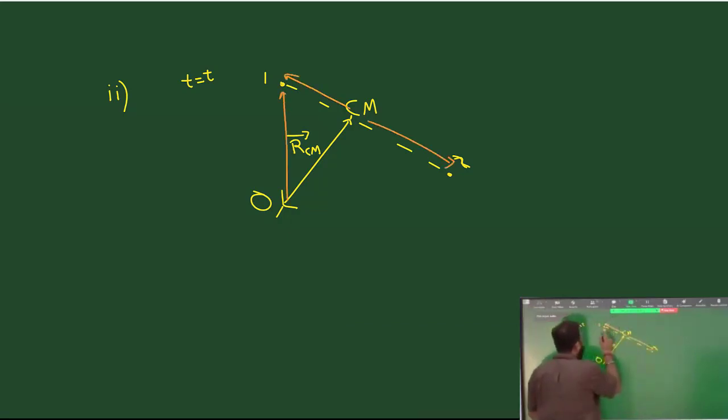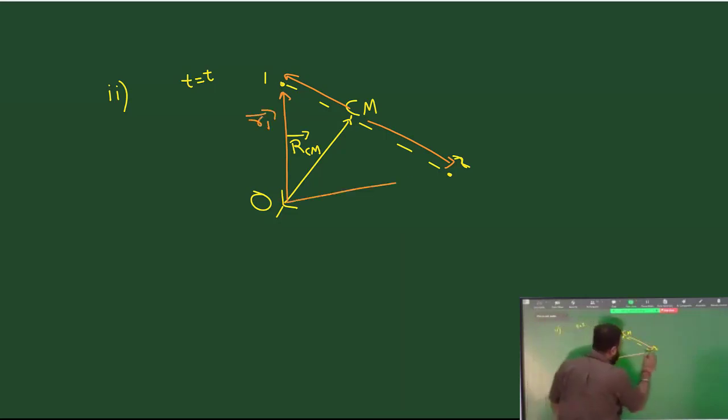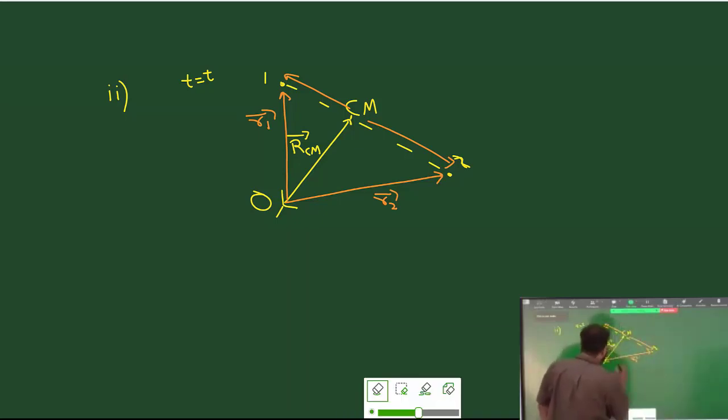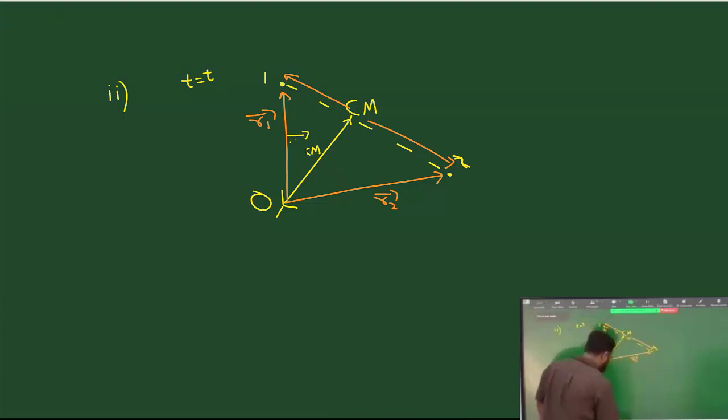So if this position vector is R1 vector, and here the position vector is R2 vector, I'm deliberately taking this as my R_CM vector. You know that these two vectors are equal and opposite. Take this vector as R and this vector as minus R, and remember they are variable vectors. So I have taken R1 as R_CM plus R vector.